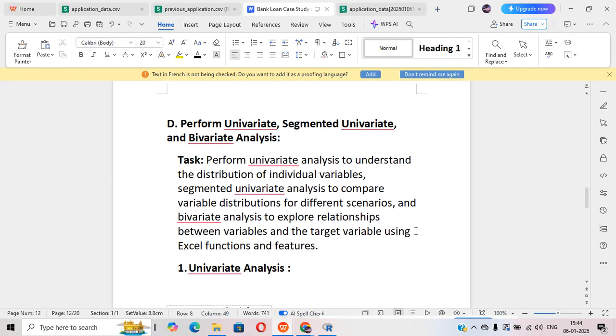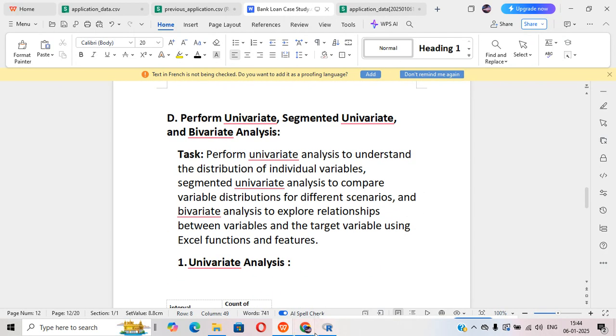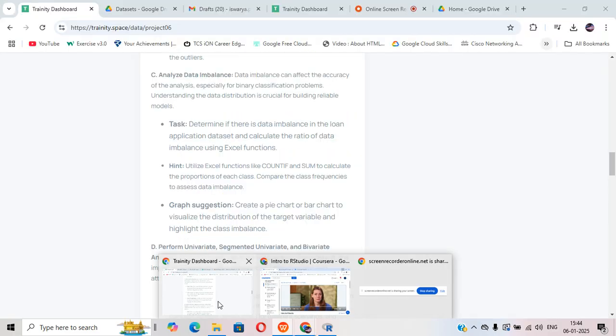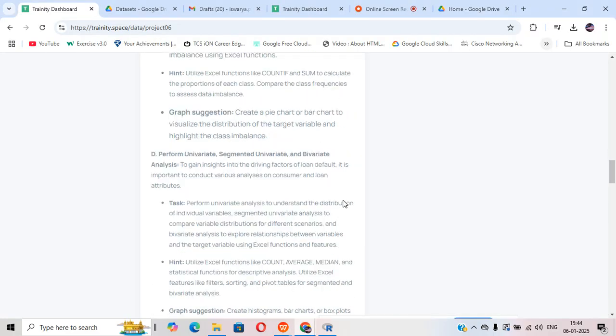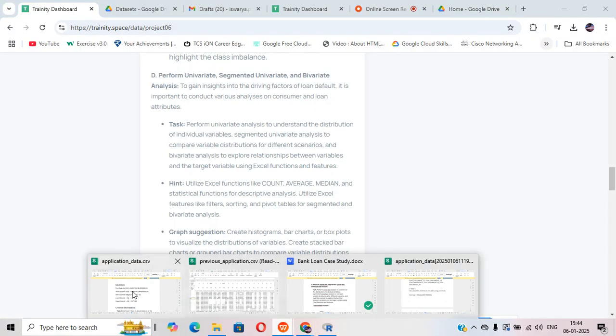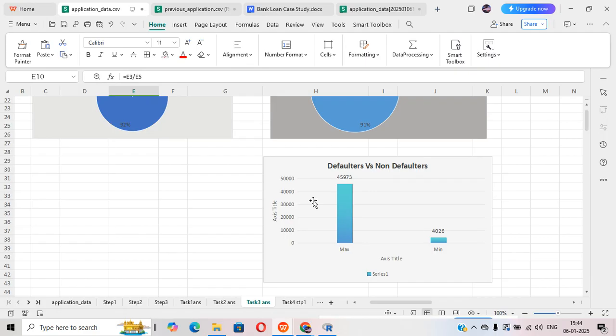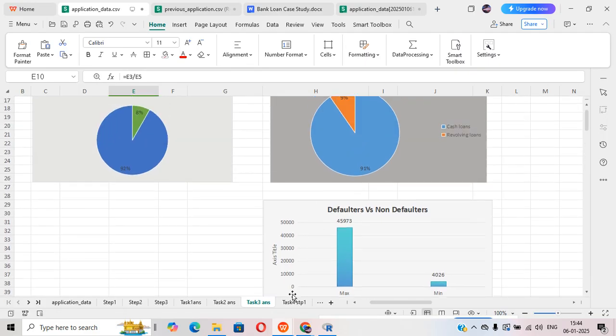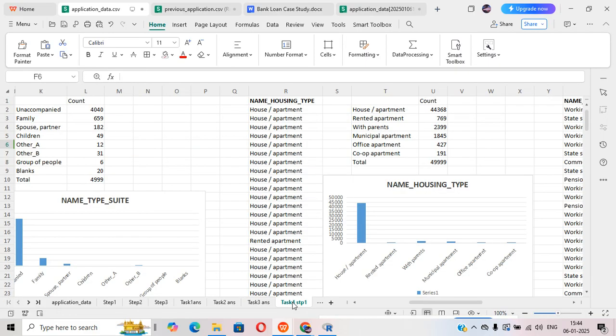And moving to task 4, which is to perform univariate, segmented univariate and bivariate analysis. So I have done this by step 1.